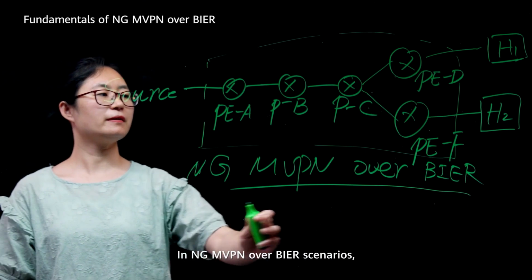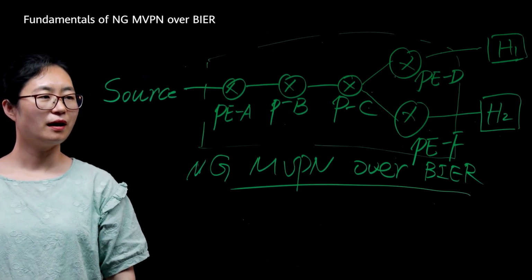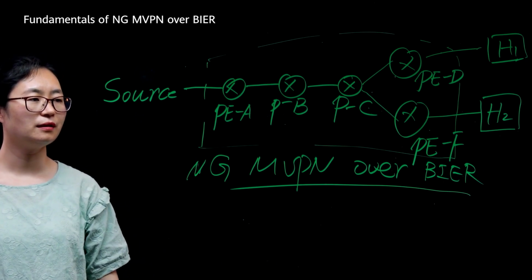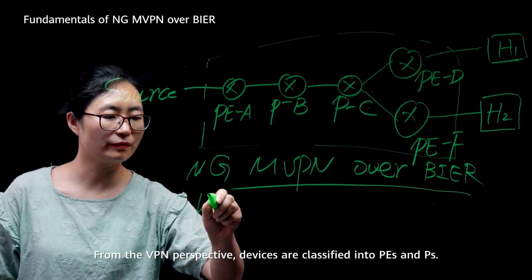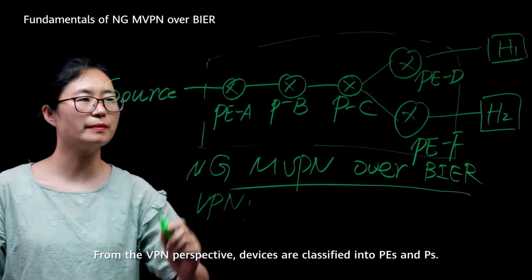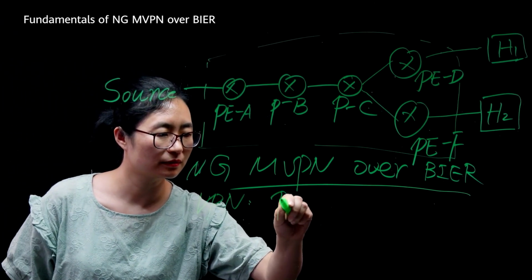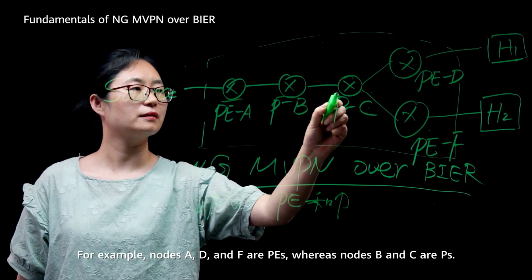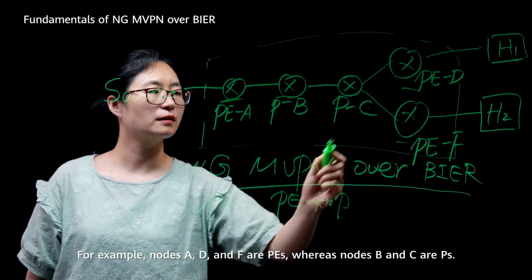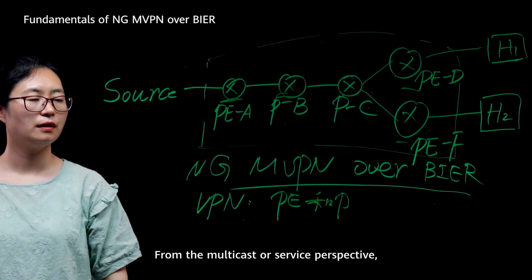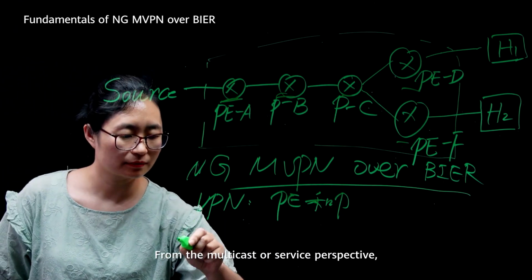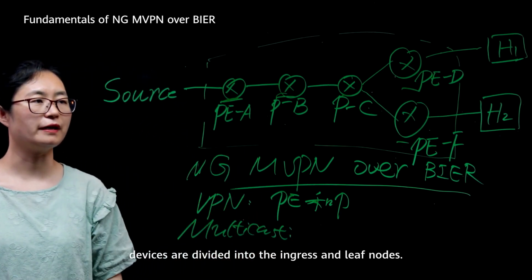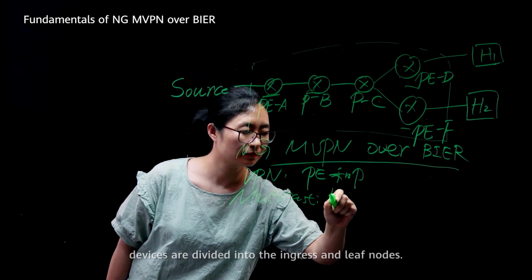In NG MVPN over BIER scenarios, the roles of devices vary according to the protocol perspective. From the VPN perspective, devices are classified into PEs and Ps. For example, nodes A, D, and F are PEs, whereas nodes B and C are Ps. From the multicast or service perspective, devices are divided into the ingress and leaf nodes.